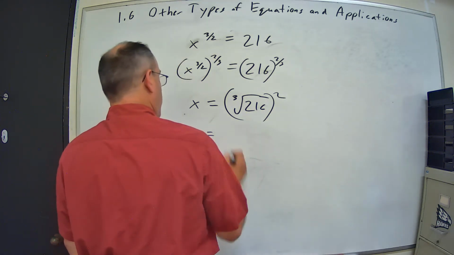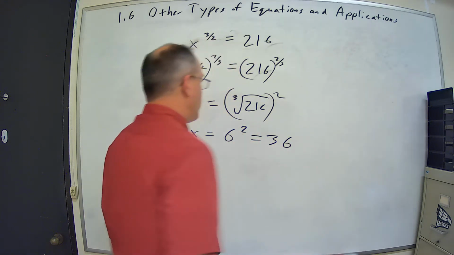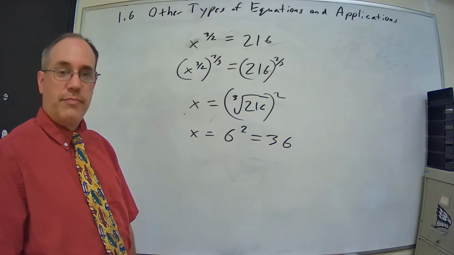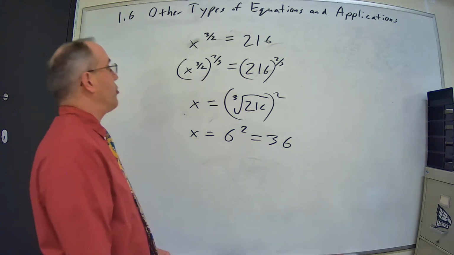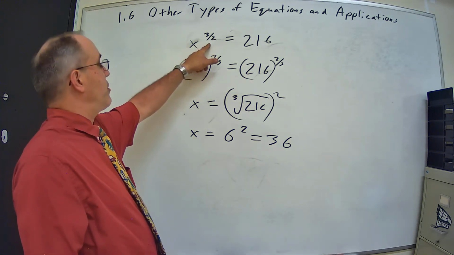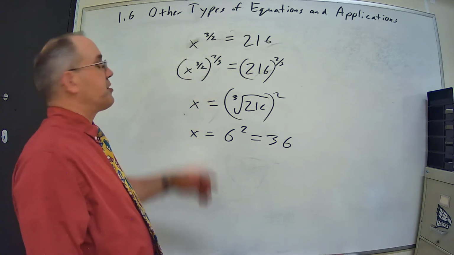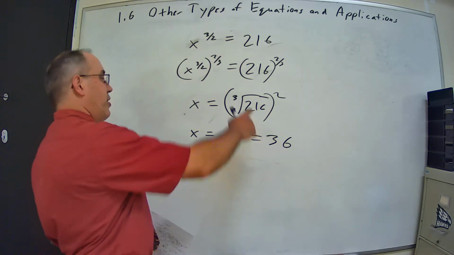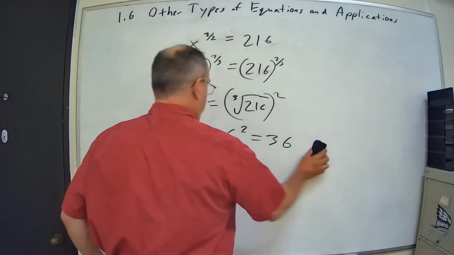So x is equal to 6 squared, or 36. So then of course we want to plug that in here and make sure that actually works. So the square root of 36 is 6. 6 raised to the 3rd power is 216, so life is good. Let's try another example.